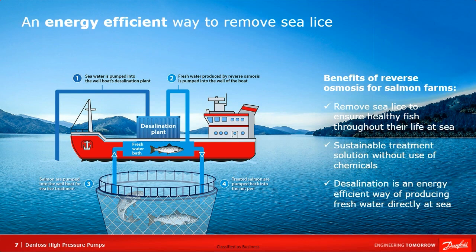And as the sea lice cannot survive in low salinity water, they will therefore detach from the salmon. And then after the salmon are treated, you are able to pump them back into the open net pen to be there for the rest of the grow out period. And in this way, you are able to sustainably treat the salmon without the use of any kind of chemicals.